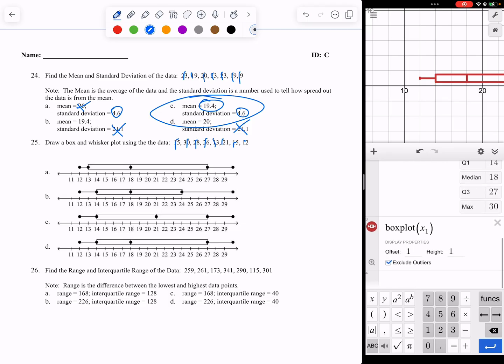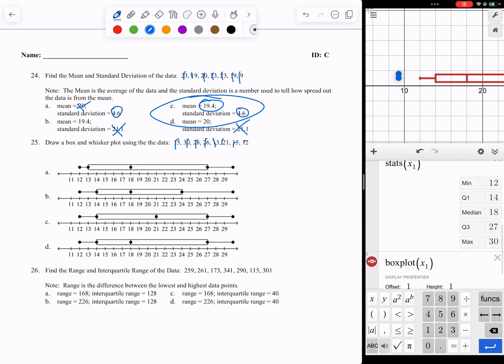Yep, 8. Not even going to look at the picture. Median 18, so this one's out. Quarter 1, 14. This one's out. Quarter 3, 27. This one's out. So D.